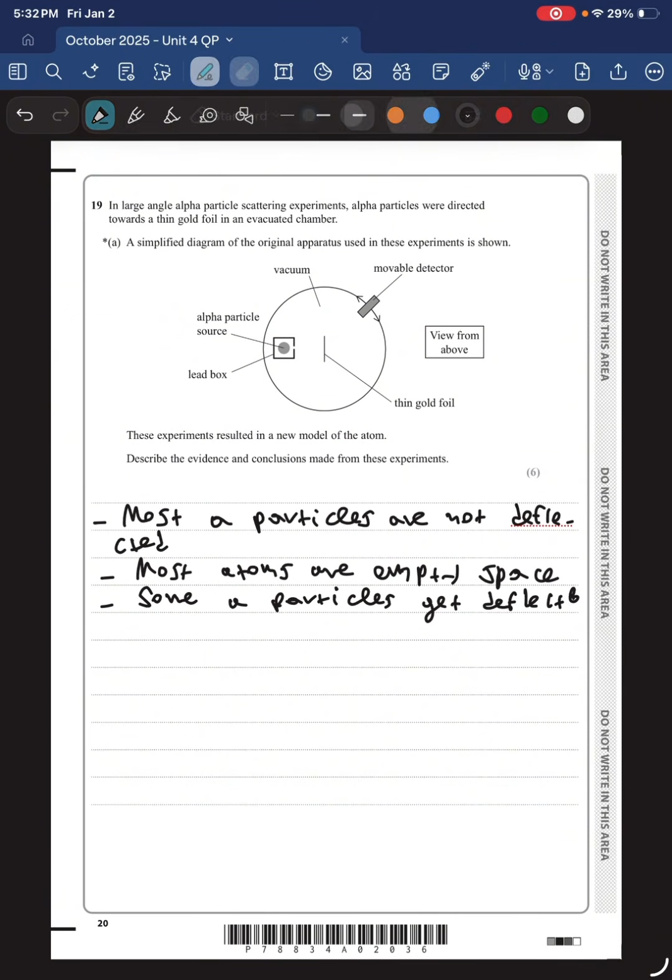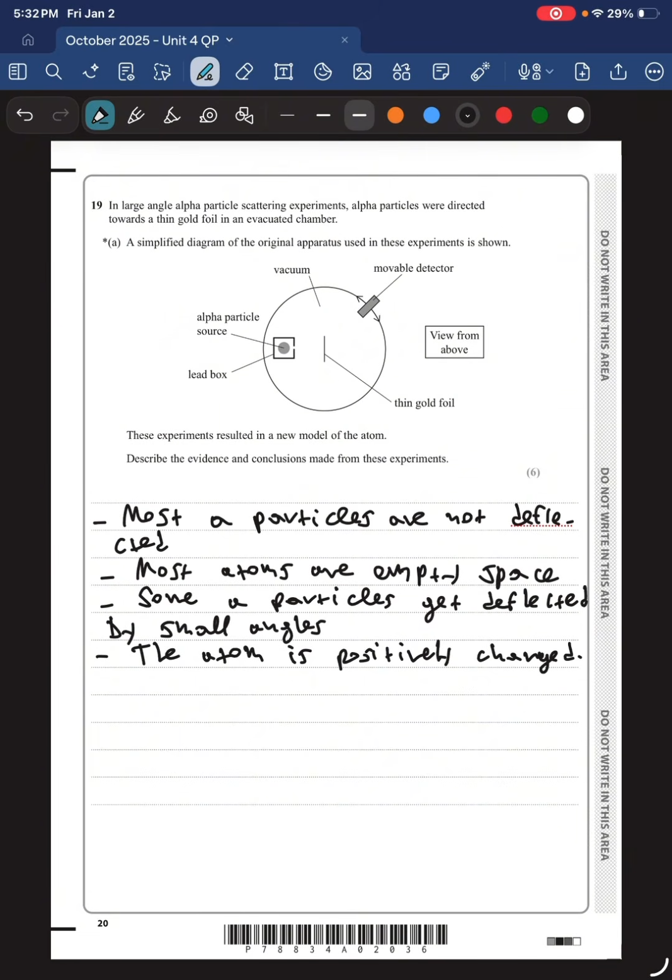Oops, again my handwriting, sorry. Deflected by small angles. This tells you that the atom is positively charged, all right?